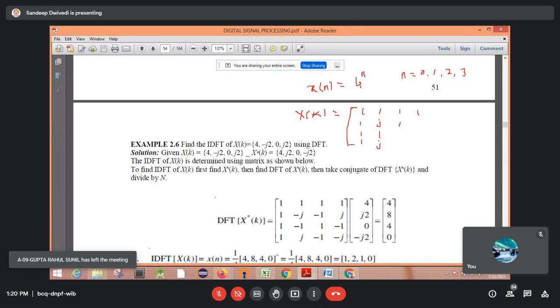Then all ones are there in the third row. Then the fourth row again has a 1, j combination. So this is your matrix. Check the signs: middle terms are negative in the second column, in the third column alternate negative, then in the last column the last two are negative, 1j is negative, like this. So this is your twiddle factor matrix.